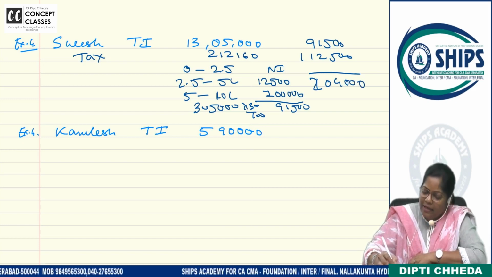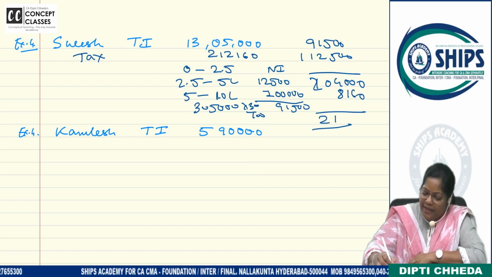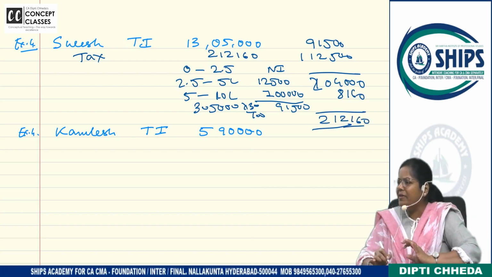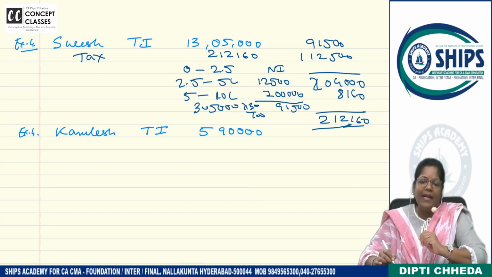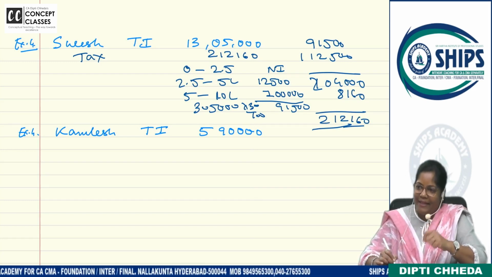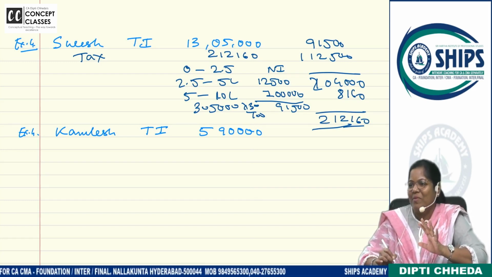Good. And on that 4%, 8,160, and so the final tax is 2,12,000. All of you got it? This is called inking is sinking in your mind.